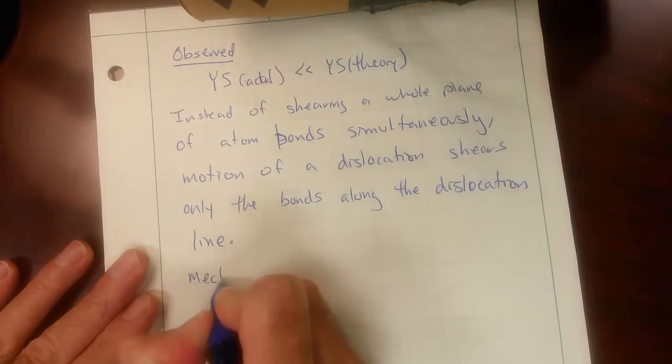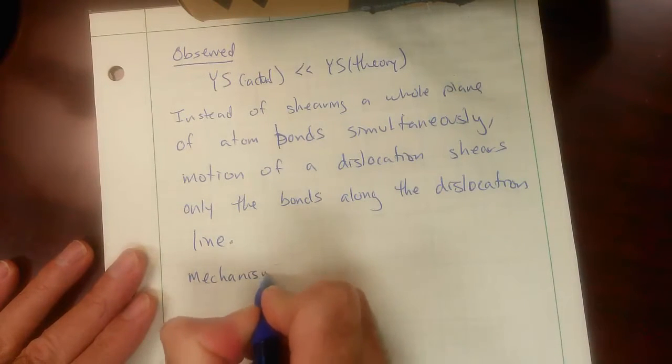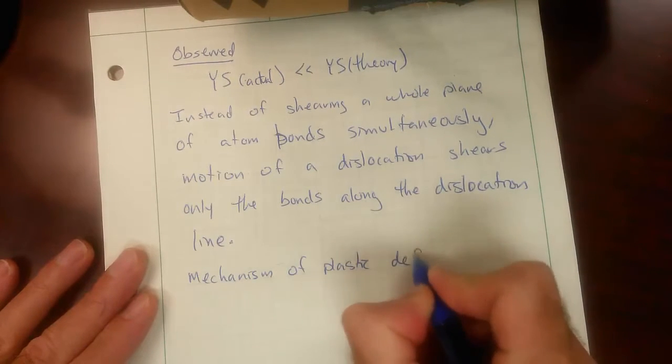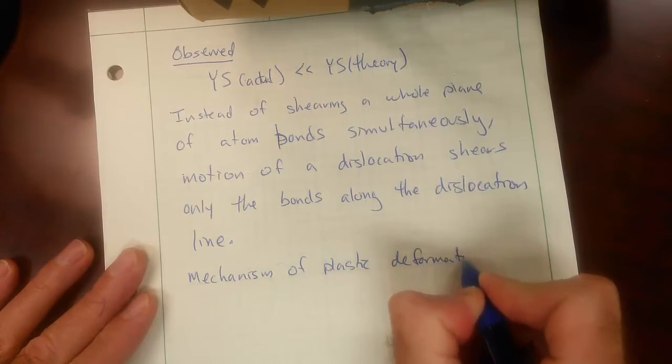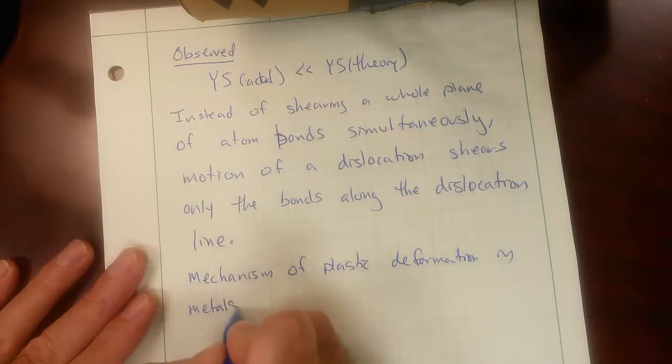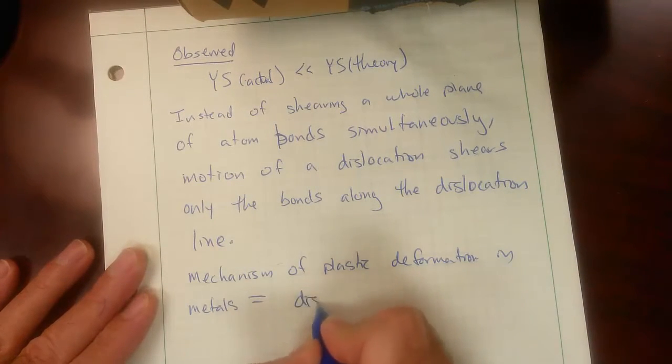So the mechanism of plastic deformation in metals is called dislocation slip.